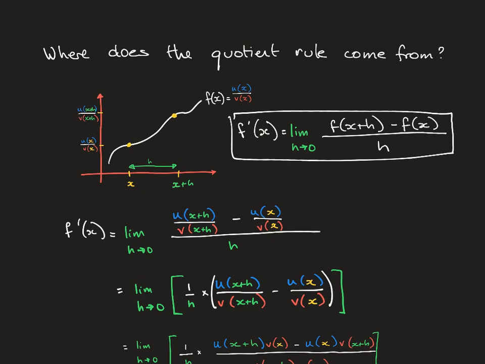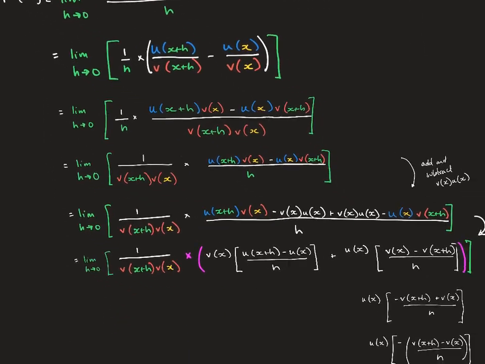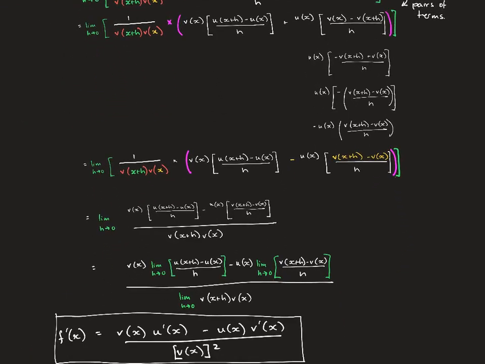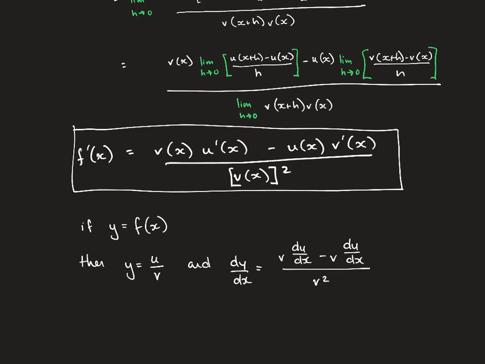So substitute that in for that, minus f of x, all over h, and then simplify. So I'll do this in another video to show you how you end up with the quotient formula, but you can see it's a long-winded process, but at the end you end up with the quotient rule.